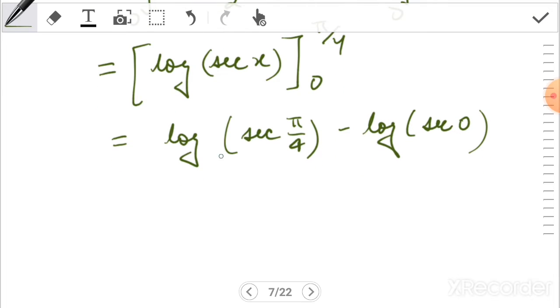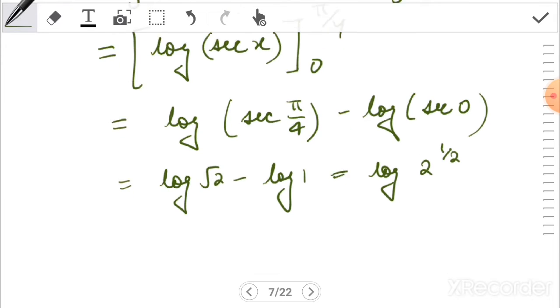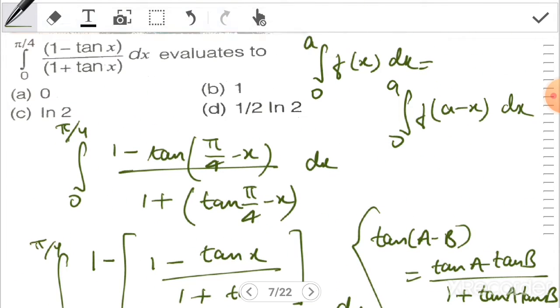Okay, so this is log root 2 minus log 1, which is nothing but 1 by 2 log 2 minus 0. So this can be written as 1 by 2 log 2. Okay, so this is the right answer. D is the right answer. Okay, let us go to the next problem.